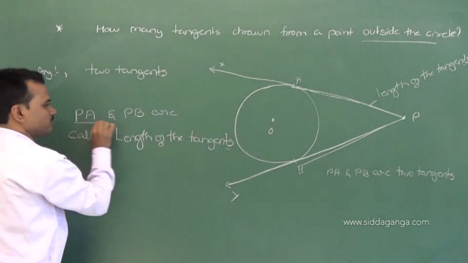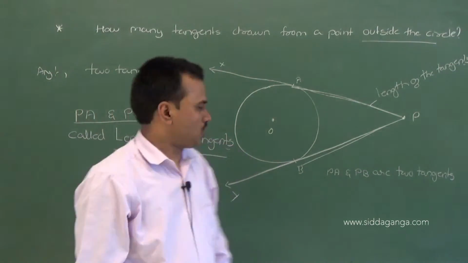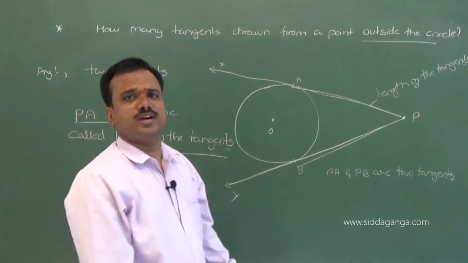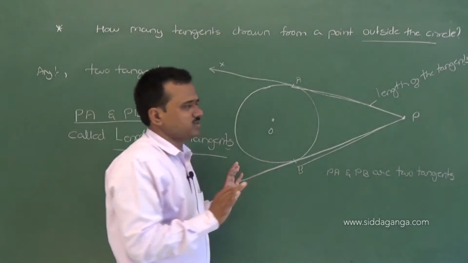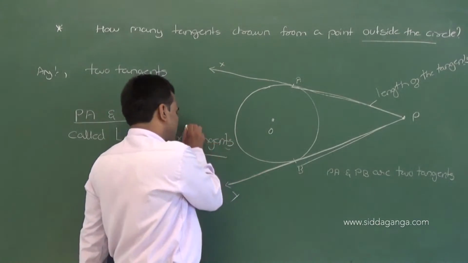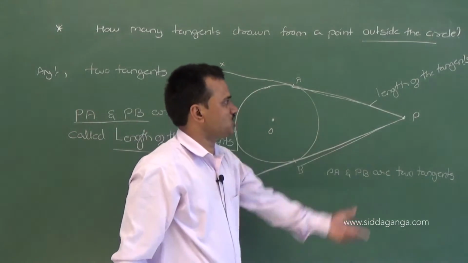Very important. PA and PB are called what? Length of the tangents. These are the points regarding tangents. Okay, so next we see the next concept.